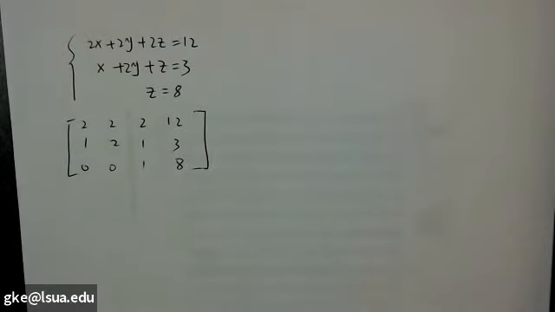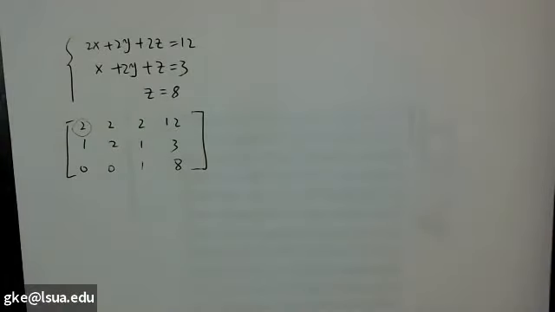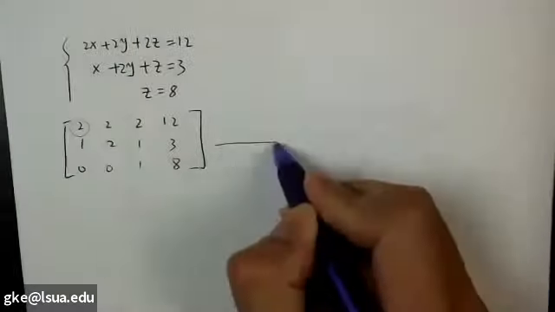The last row is 1, 8 because the z coefficient, z equals 1. So now you can see the diagonal element is 2. We want to keep the diagonal element equal to 1. That's the principle of Gaussian elimination.